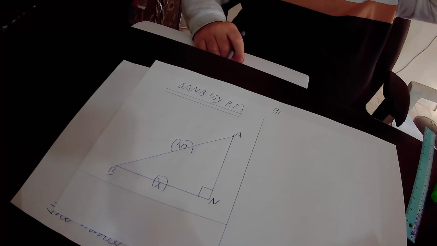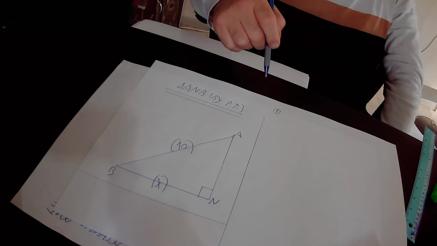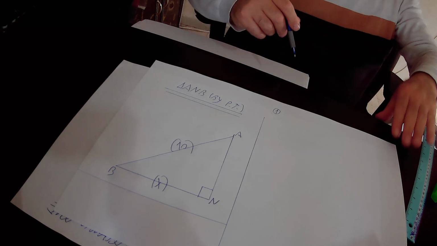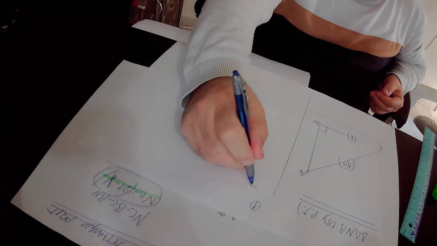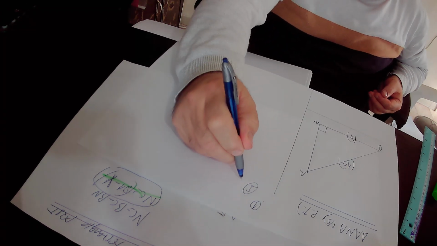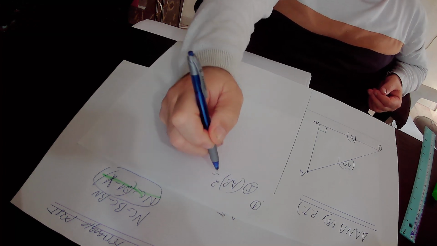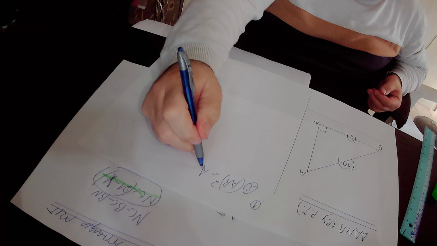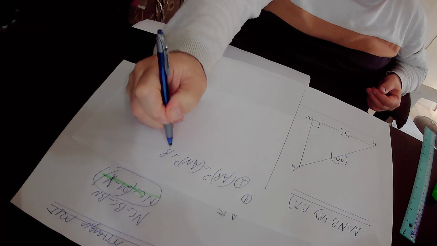According to the Pythagoras theorem, in this right triangle ABN, AB square equals AN square plus BN square. So I write it down. This will be equation 1. So AB square equals AN square plus BN square.